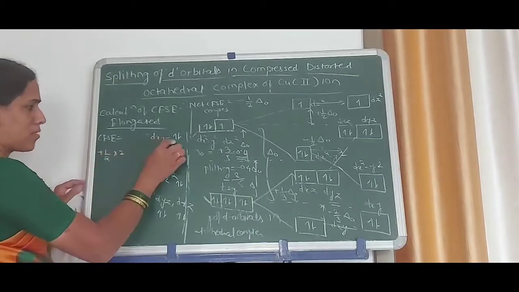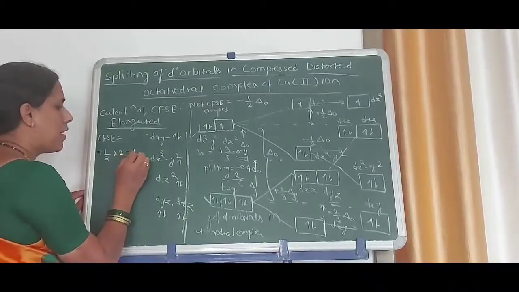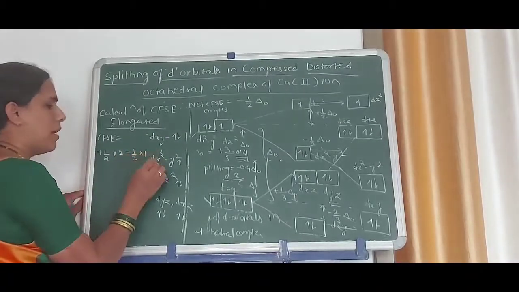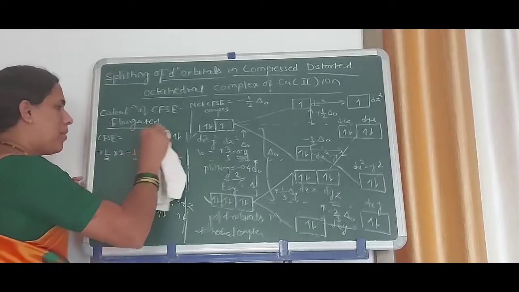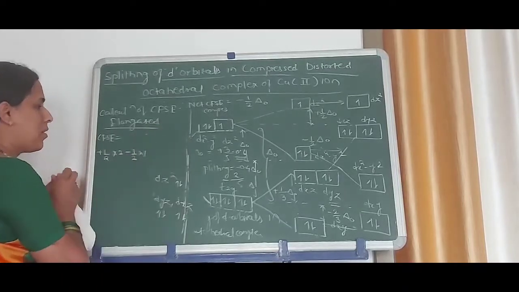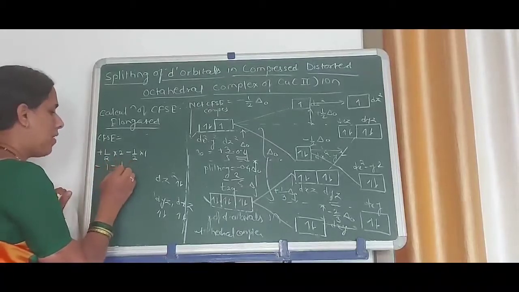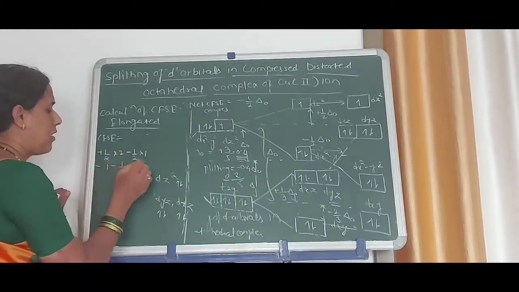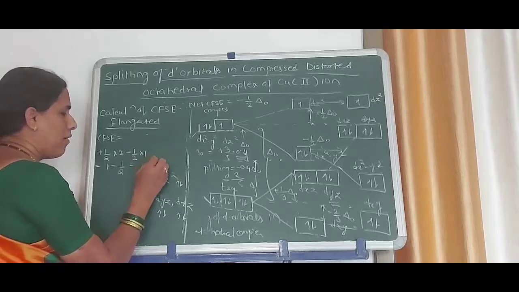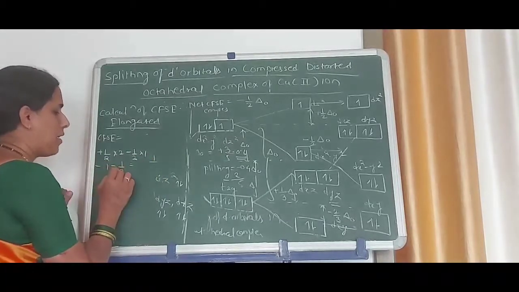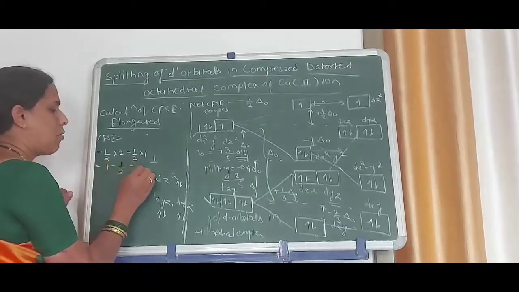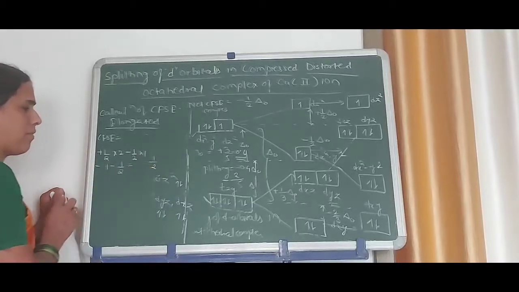Minus 1/2, how many electrons? 1. Therefore, these orbitals cancel. Therefore, 2 minus 1, that is equal to 1/2.